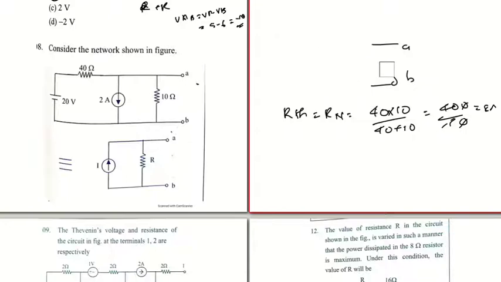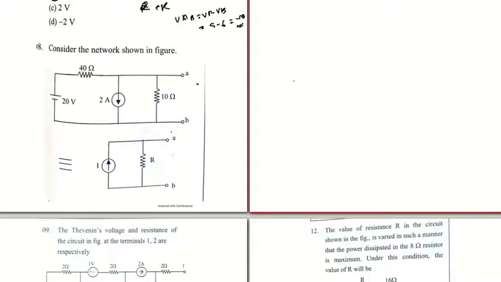That is the total current in this particular circuit. For that, we can use Norton's theorem or the source transformation technique. In source transformation, whenever a voltage source is in series with a resistance, we can replace it with a current source in parallel with a resistance. So I am going to replace this 20 volt source in series with a resistance with a current source.